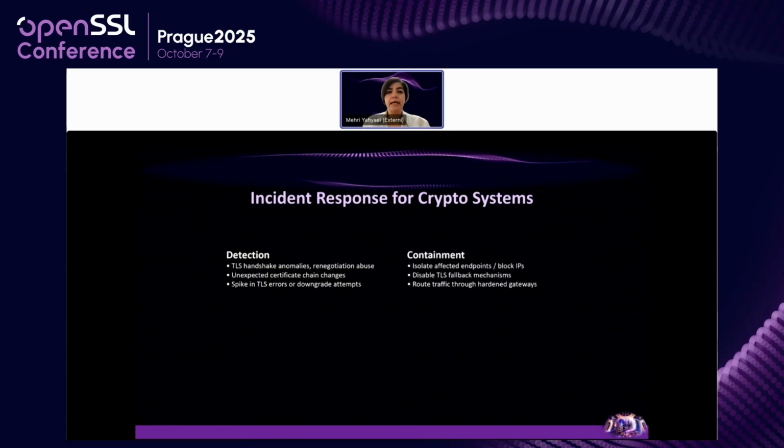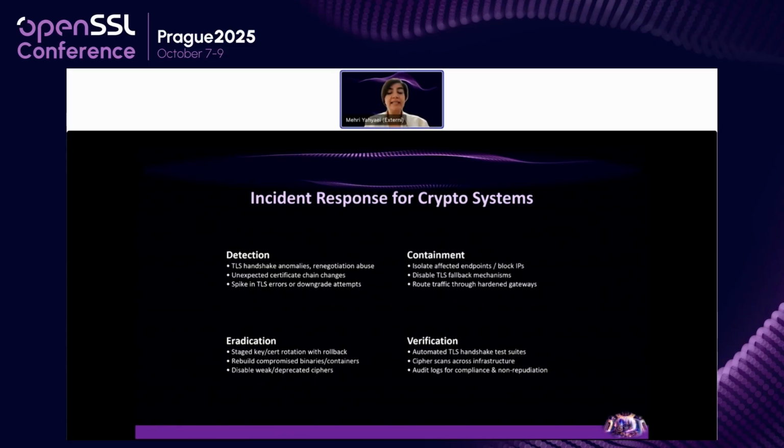How should we respond to incidents that happen as a result of crypto systems? Here, we follow four phases as a practical way. Phase 1 is detection: we have to identify TLS anomalies and chain changes.